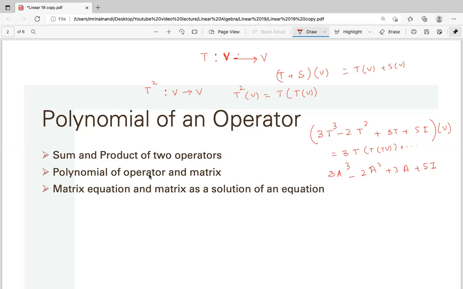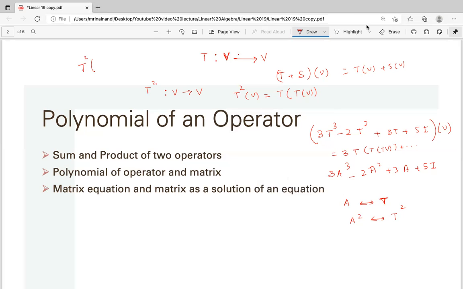In that case, the matrix and the linear operator are the same. So polynomial of an operator and polynomial of a matrix are actually the same. Why is this the same? You have to look closely: if A corresponds to T, does A square correspond to T square? Yes.